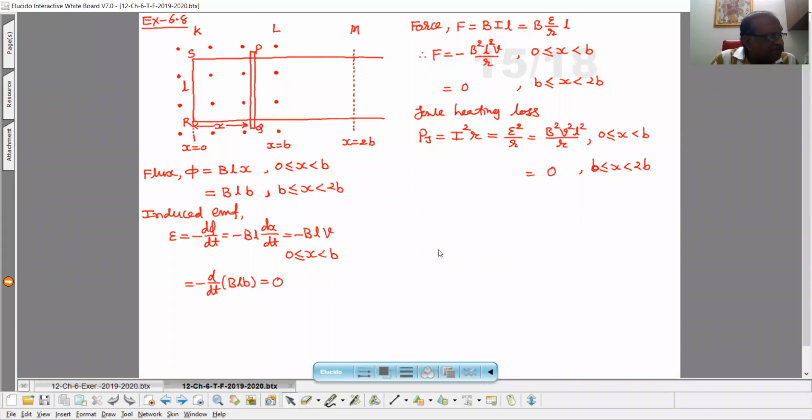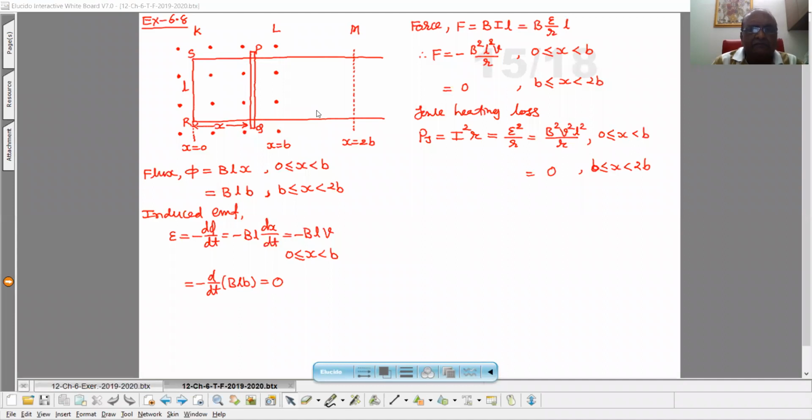Consider the situation when the arm PQ is pulled outwards from x equal to 0 to x equal to 2b, and is then moved back to x equal to 0 with constant speed v. Obtain expression for the flux, the induced EMF, the force necessary to pull the arm, and the power dissipated as Joule heat. Sketch the variation of these quantities with distance.